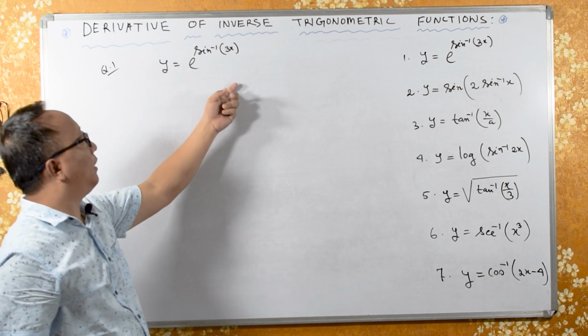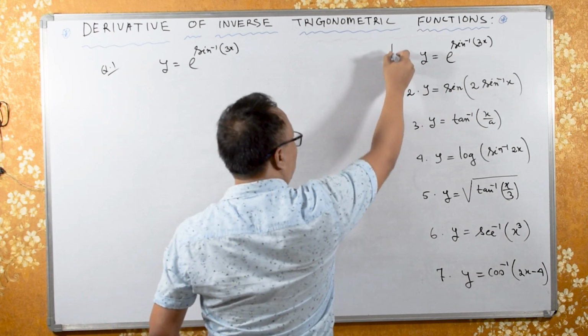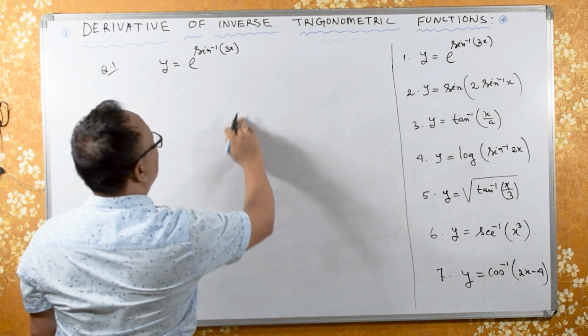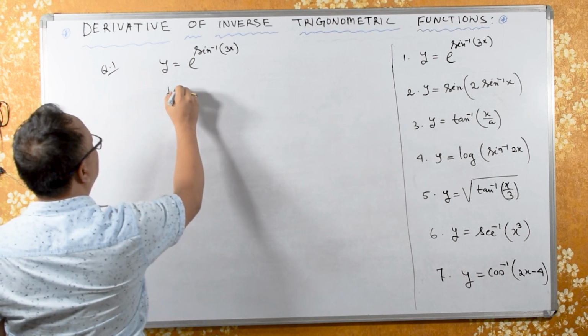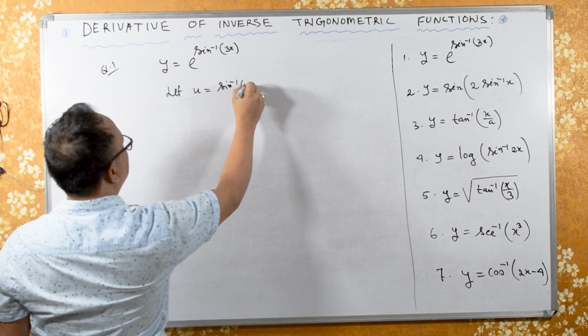I'll solve in 2 ways for the first 4 questions, and the rest I will solve with a shortcut. Let u equals sine inverse 3x.